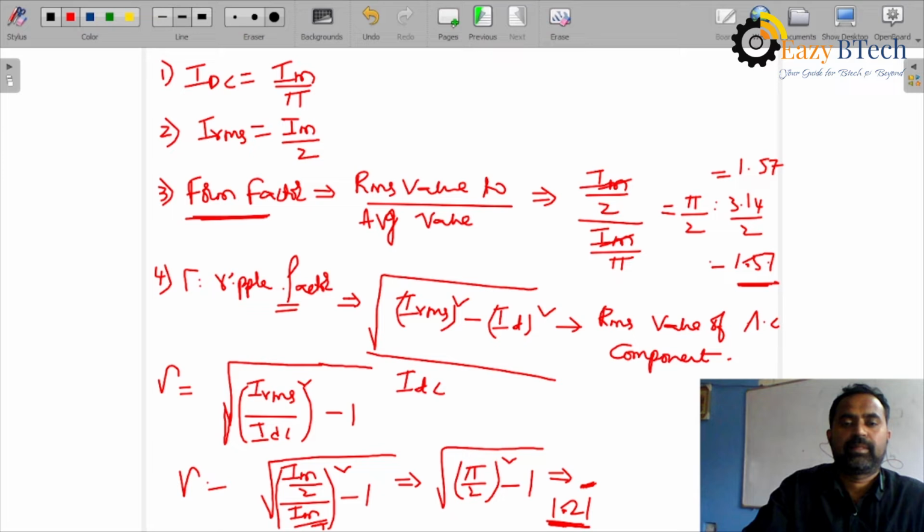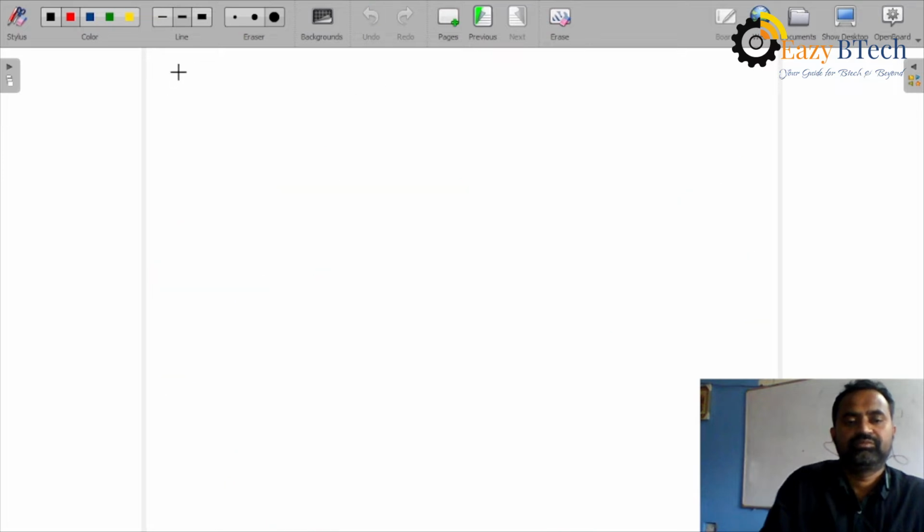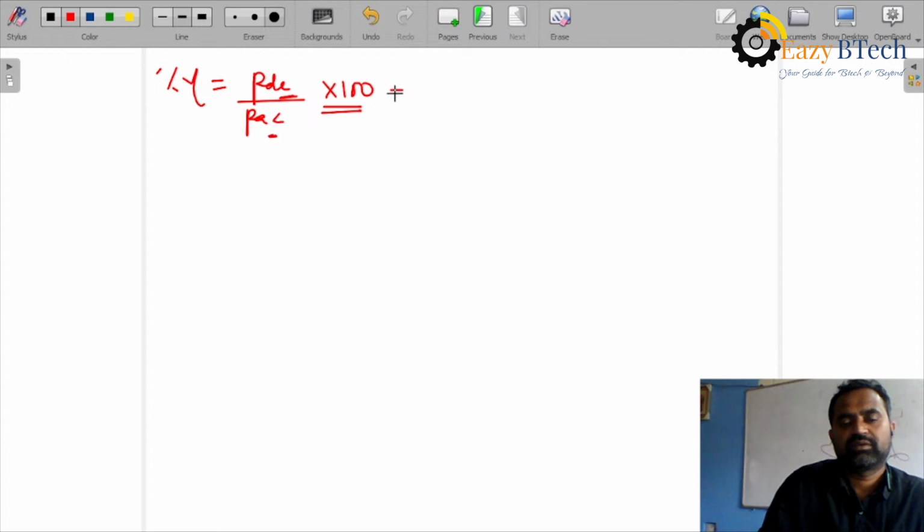Next, efficiency, percentage of efficiency, that is PDC by PAC into 100. Output power by input power into 100.